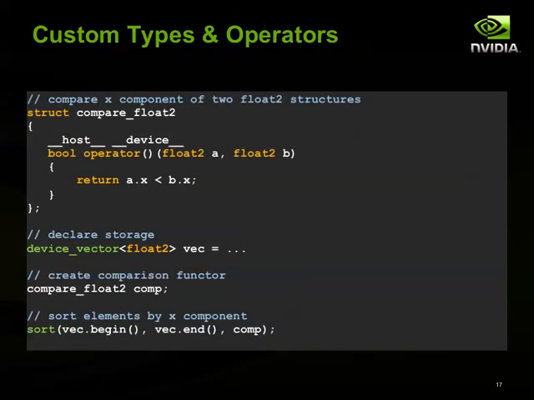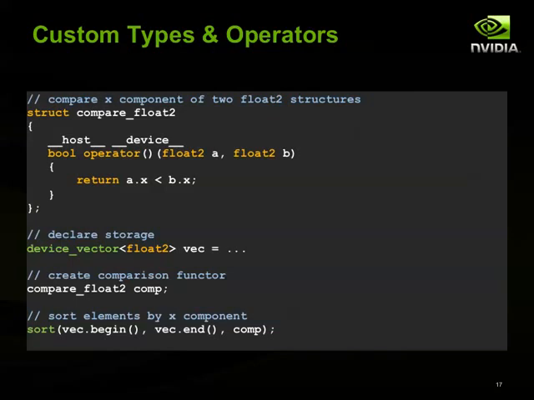Okay. So, sorting. Before, we were sorting integers or floats or something like that, so it was pretty obvious what we needed to do. We were just going to sort in ascending order using the standard comparison. But sometimes you might want to sort something that doesn't have an obvious way of sorting it, or you want to override the way that you would normally sort that. So the way you do that in Thrust is you call sort as usual at the beginning and end.